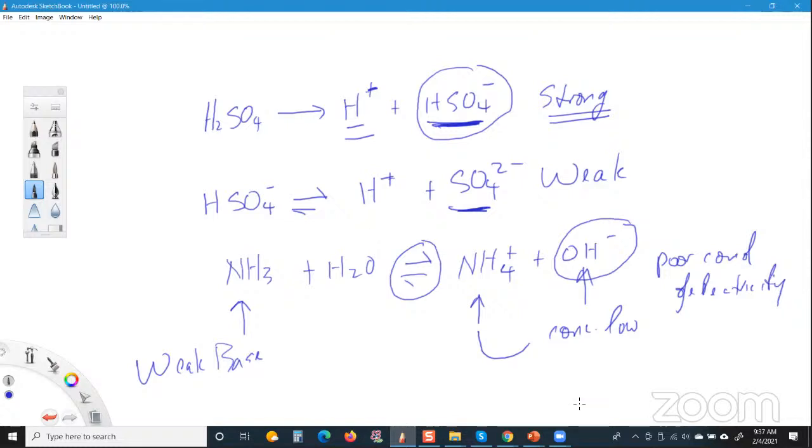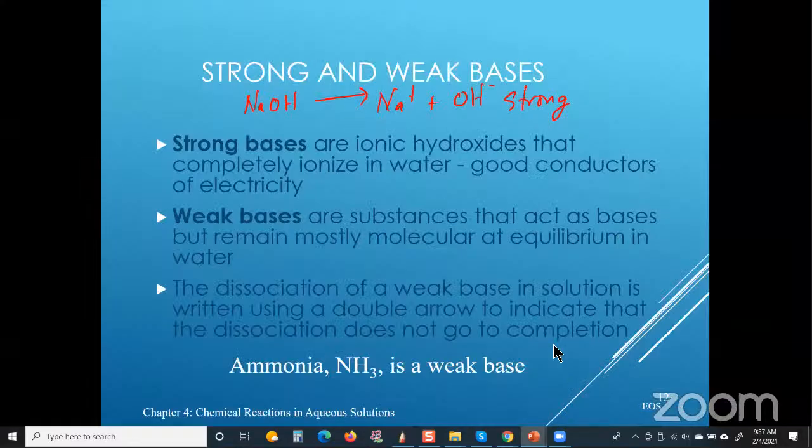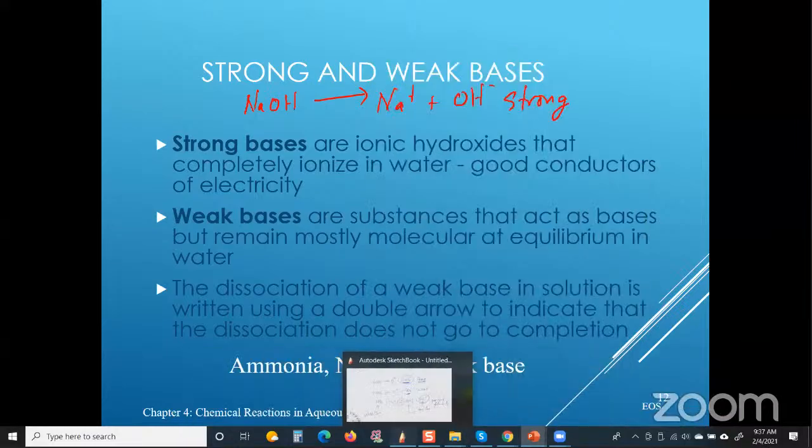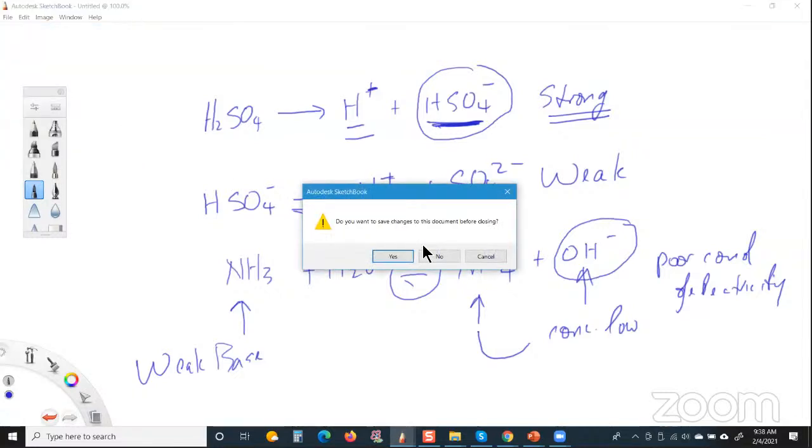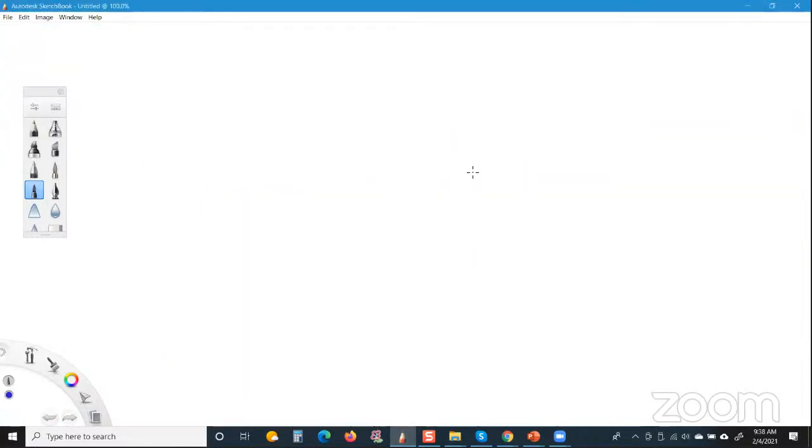There are other weak bases. They're mainly organic, in other words, they have carbon in them. Just to mention a couple of examples of organic bases, you have this compound known as methylamine, this compound known as dimethylamine, and this compound known as trimethylamine.